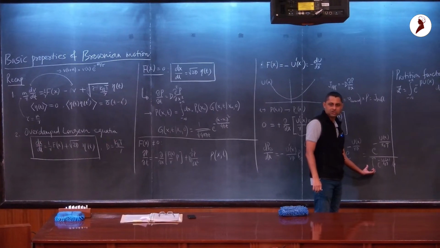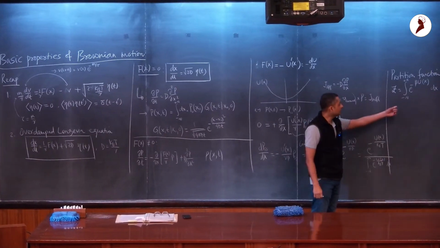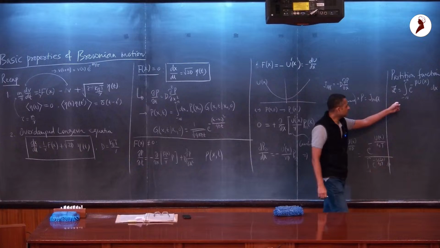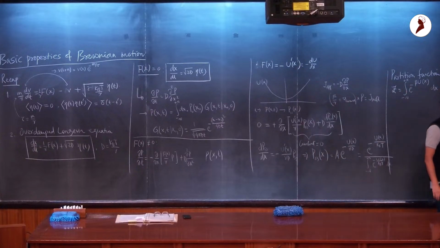So what kind of potential gives me this convergence? There is no problem near x equal to 0. Any divergence can come only from x going to plus infinity or minus infinity. Let's look at the plus infinity side. It's the same on the other.